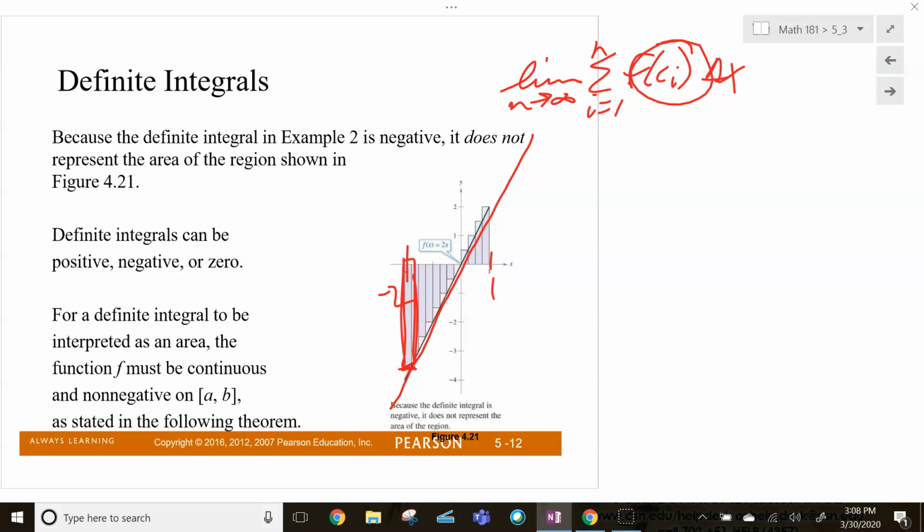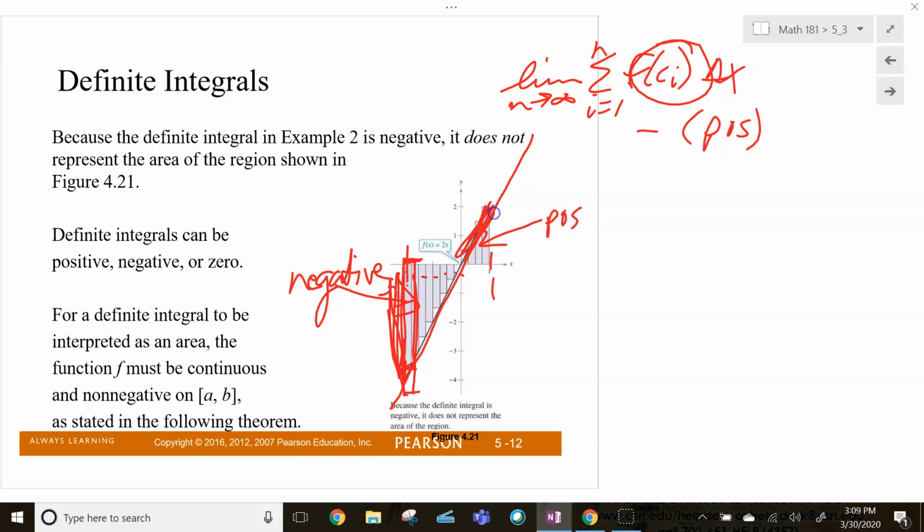Let's say we were doing left-hand side or whatever, we're finding the height right here. Well, it's a negative value, right? 2 times -2, we got -4. -4 times whatever the width is. But this is negative, and this is positive. And then you're adding up all these negative values, right? So this part's negative, and of course this part's positive, because your heights up here are all positive, right?